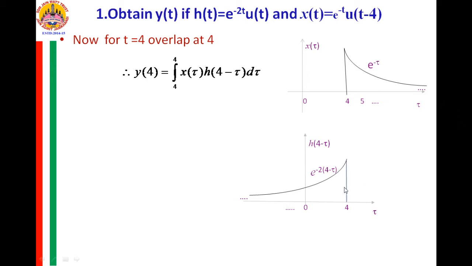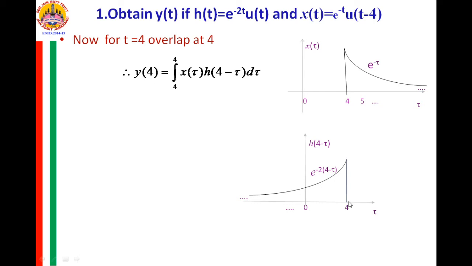This product will exist only at 4, so it will be from 4 to 4. Then we go on moving this h of 4 minus tau further towards the right side. If you move a little bit ahead, what is the observation? You will observe that these two will go on overlapping from this 4 onwards up toward this end of h of t minus tau.